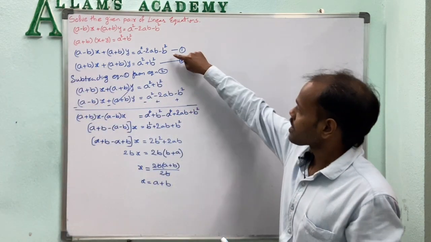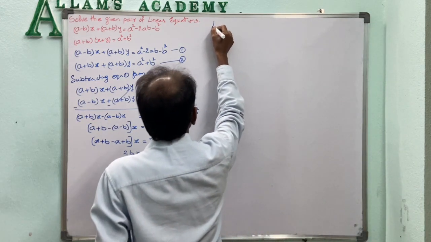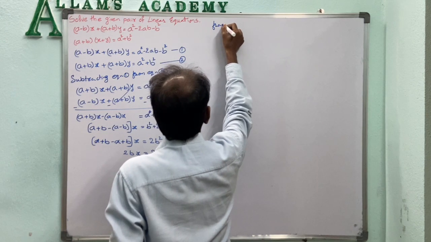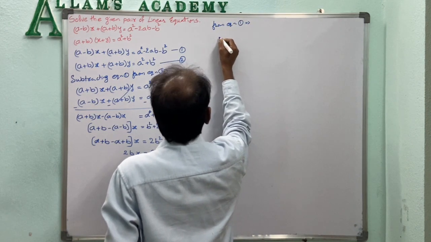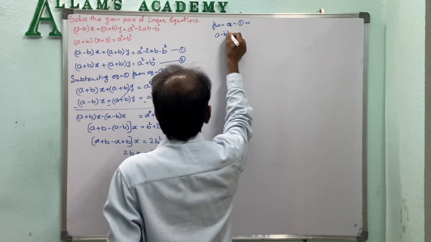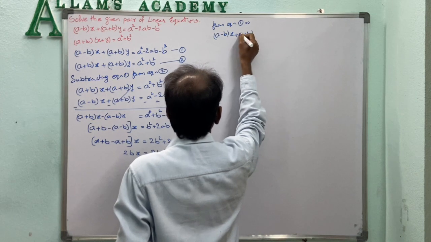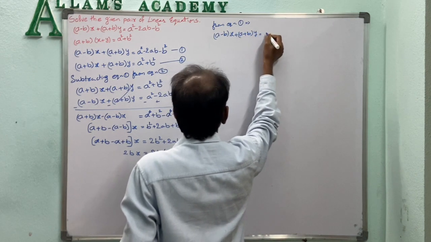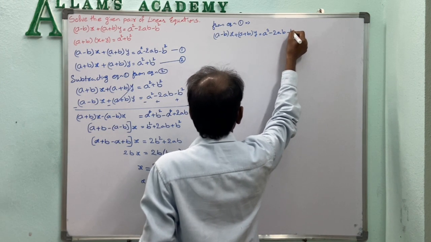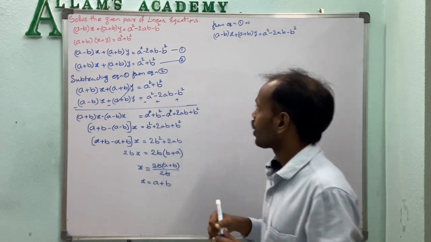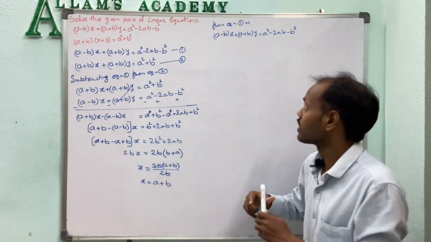So substituting in the first equation: (a − b)x + (a + b)y = a² − 2ab − b². Now in the place of x, substituting a + b.